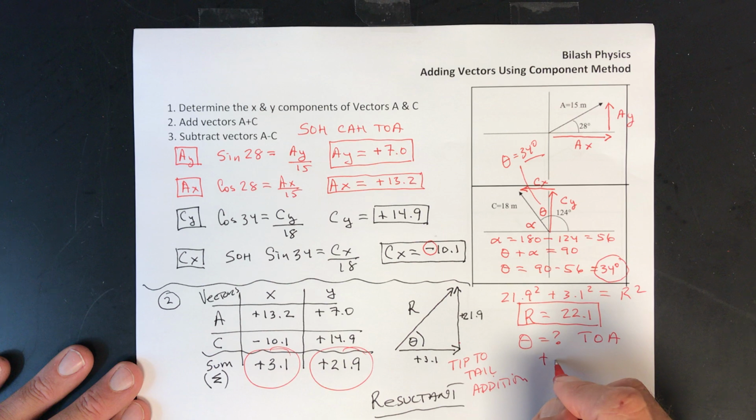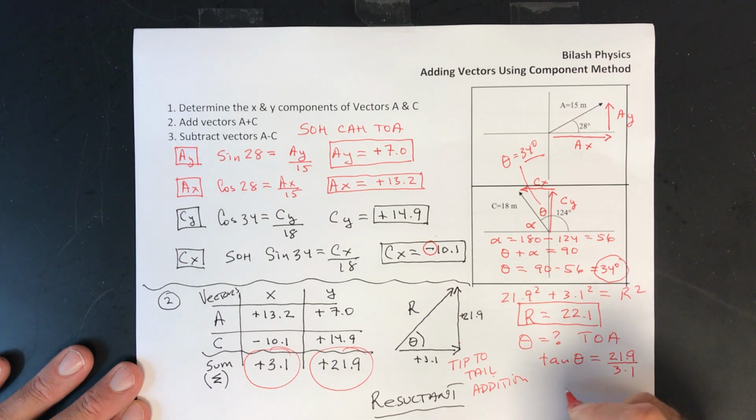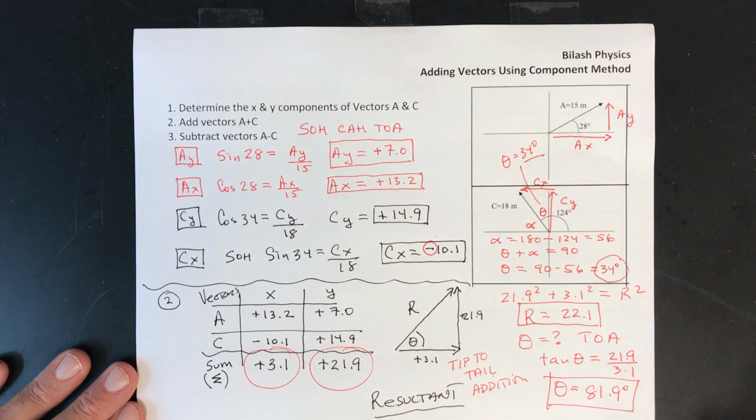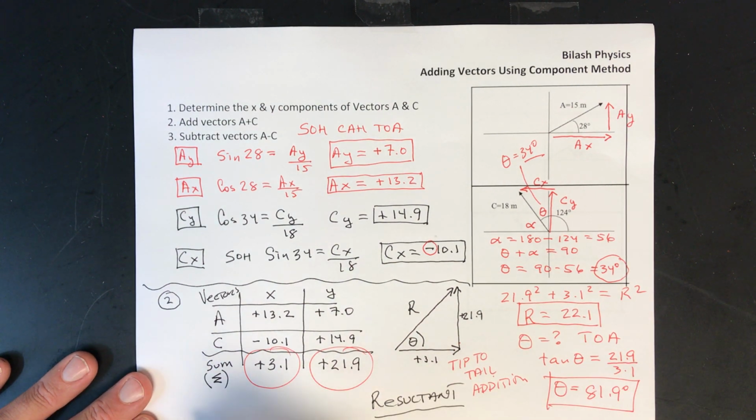So the tan of theta, which I want to figure out, is going to be equal to the opposite, which is 21.9, divided by 3.1. And theta works out to 81.9 degrees.